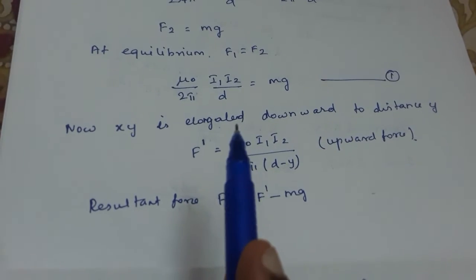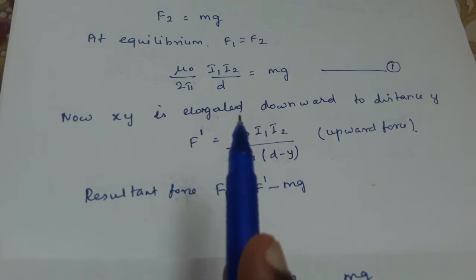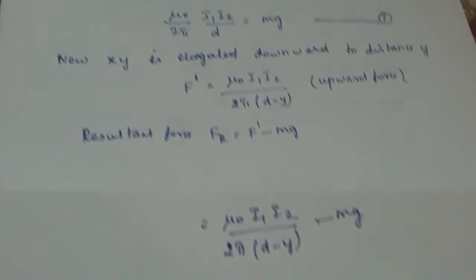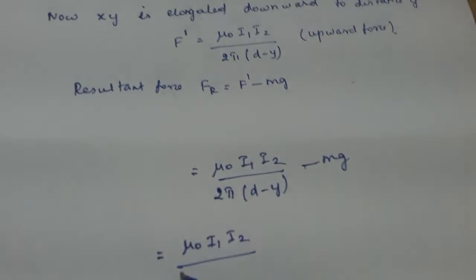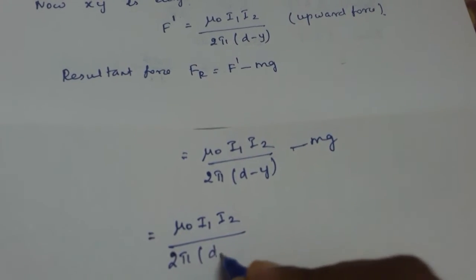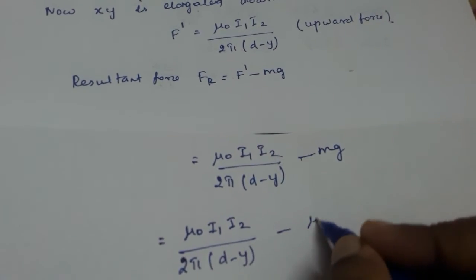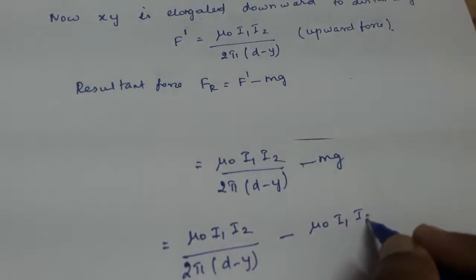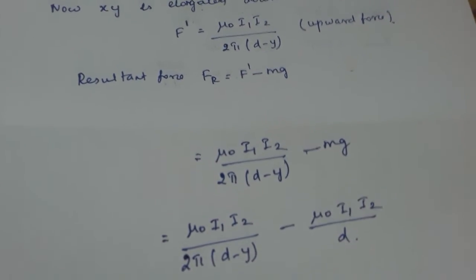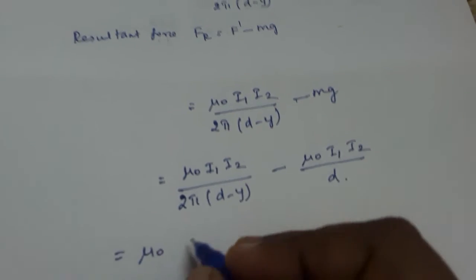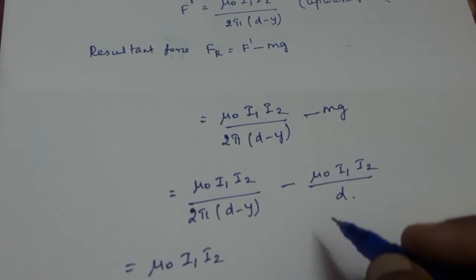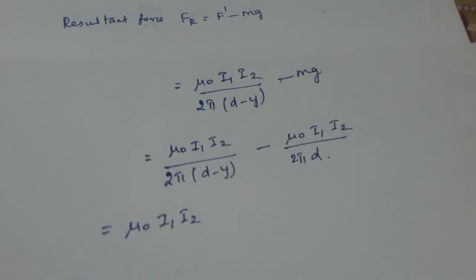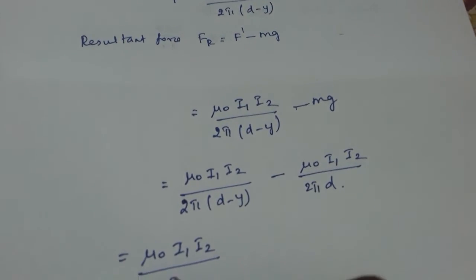We know mg is equal to mu 0 by 2 pi I1 I2 by D. So substituting here, mu 0 I1 I2 by 2 pi into D minus y, minus mu 0 I1 I2 by 2 pi D. Taking the common terms outside, I can take mu 0 I1 I2 by 2 pi outside.